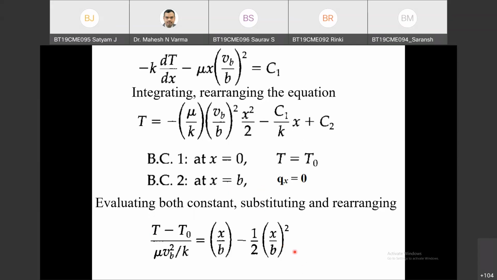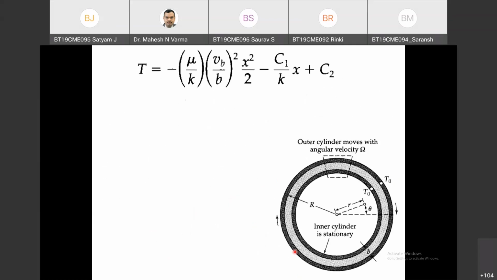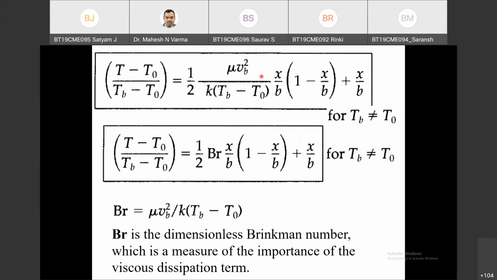So these are the three cases. All the mathematics is to get the values of C1 and C2 for all three cases and rearrange the equation.